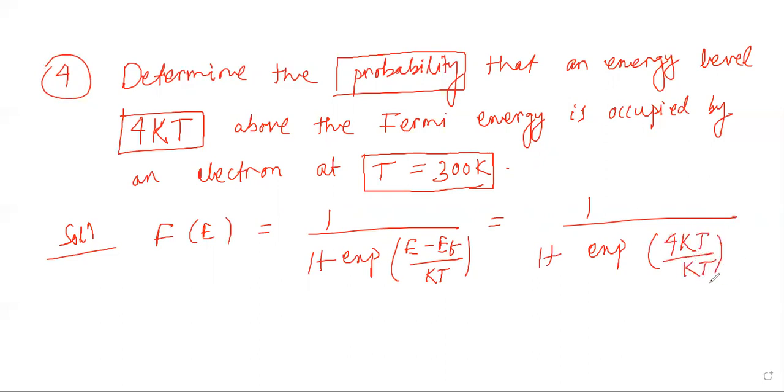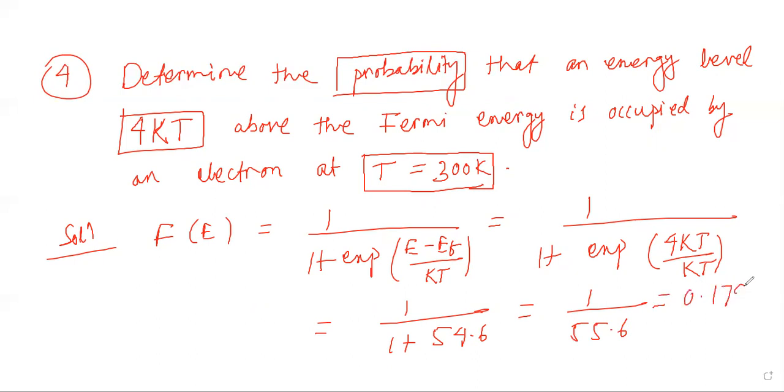So you can see, you cancel kt and then you write 1 divided by 1 plus e to the power 4, which gives us 54.6. Use your calculator to calculate this. So you got 1 divided by 55.6, that gives you 0.1798.